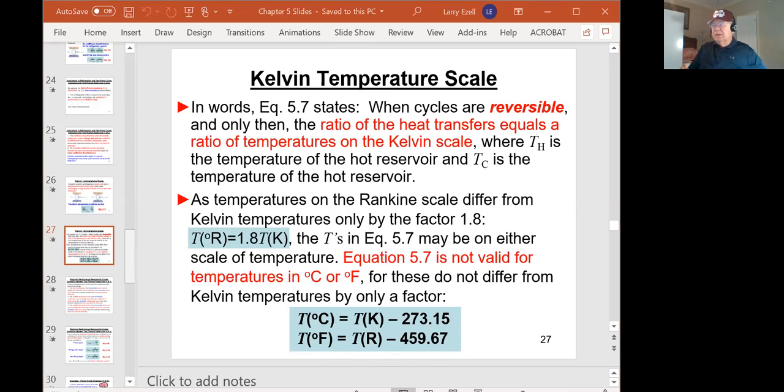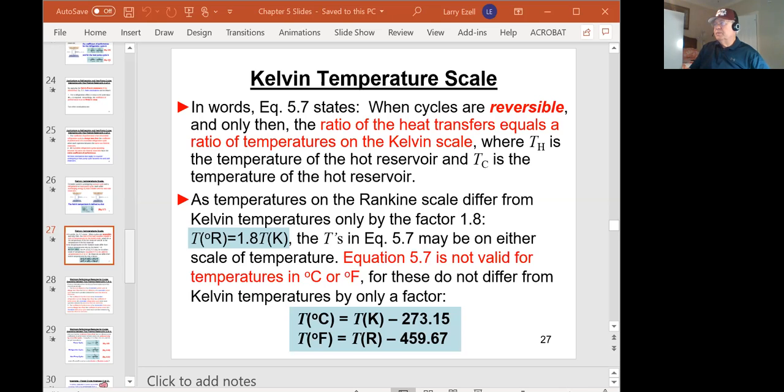So just to get me going on this, let me try this. K equals degrees C plus 273. And degrees R equals degrees F plus 460.